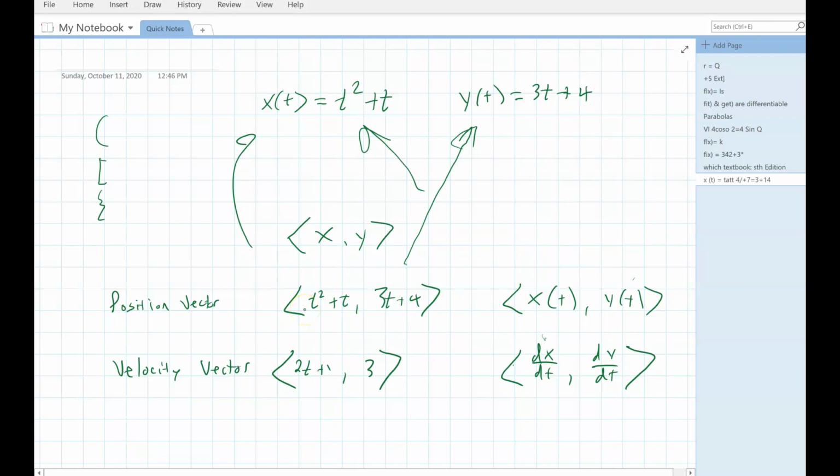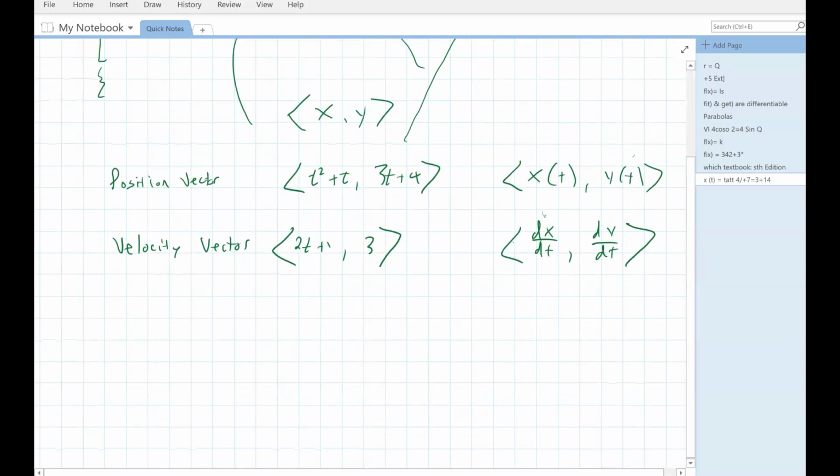Now, why is that useful? Because you could do all kinds of cool stuff with talking about the velocity of the particle. For example, I think I will ask you to find when the particle is not moving. We know the particle is not moving when both the derivative of x with respect to t and the derivative of y with respect to t are 0.